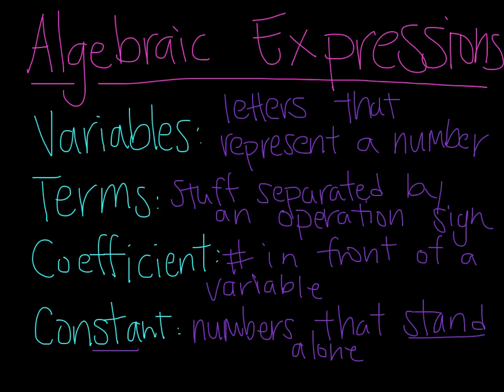And remember, we're going to be working with x, y, z, and n for the most part, sometimes k and other letters, but keep in mind that as you get into higher levels of math, you might see Greek letters as variables as well. Terms are the things that are separated by an operation sign, and if there's not an operation sign, maybe it's just 4x, then that's the only term that you have.